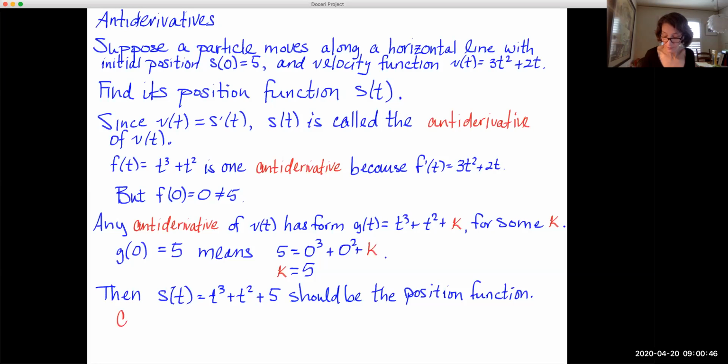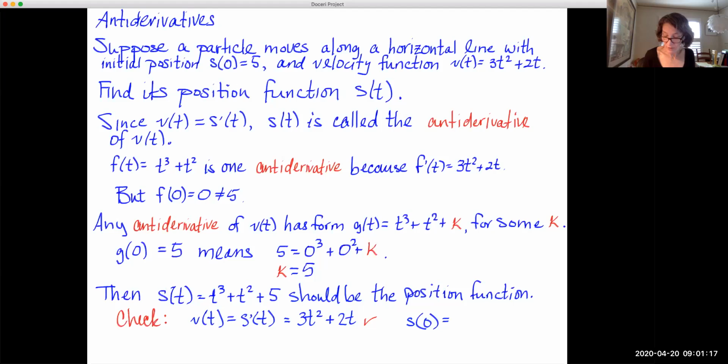Hopefully. So all we have to do is check and make sure it works. So v of t is the derivative of s, and if we differentiate this, we get 3t squared plus 2t, and that works.